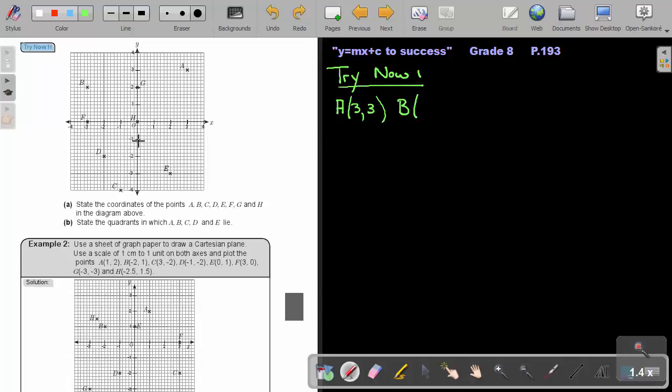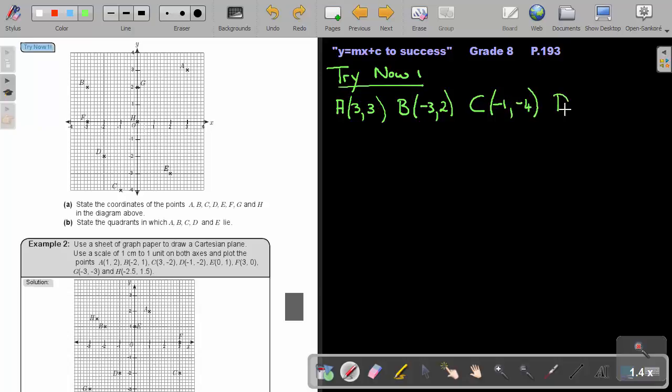So if I go to B, straight to the x-axis, that will be -3. Then to the y-axis, and that will be 2. And if I find point C, straight to the x-axis, that's -1. And then straight to the y-axis, that's -4.